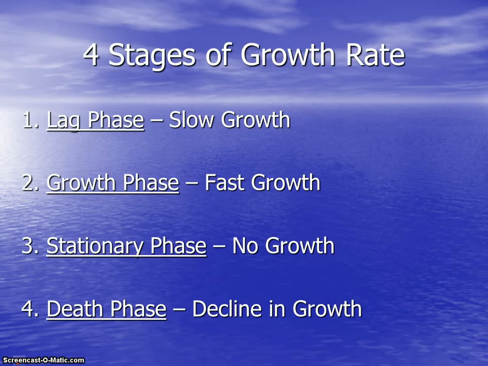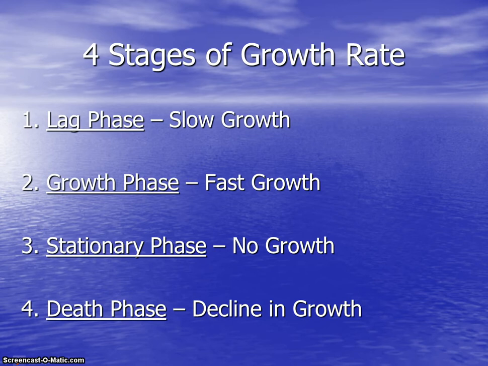Now when we look at a population growth, we can graph it, and then by looking at that graph, we can determine what's happening at a particular time within that population as far as how it's growing. So these are the four stages of growth within a population. You can have a lag phase, which is slow growth.